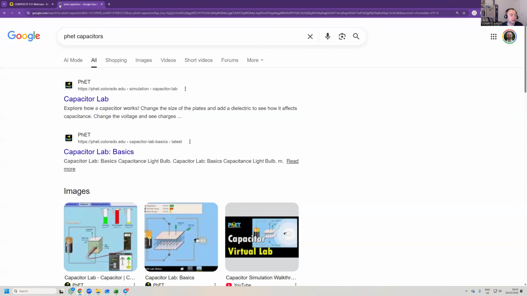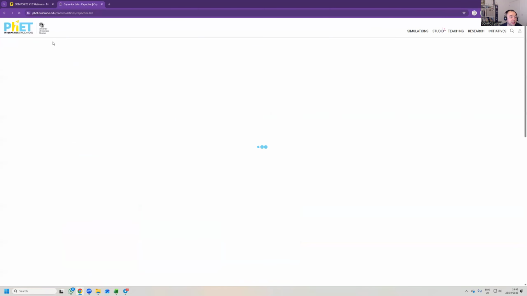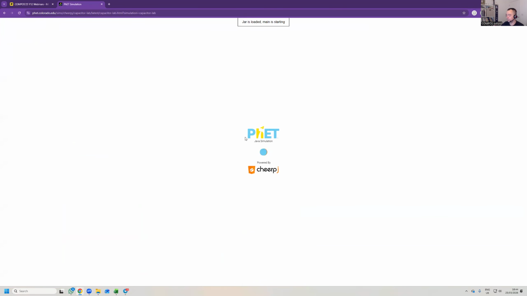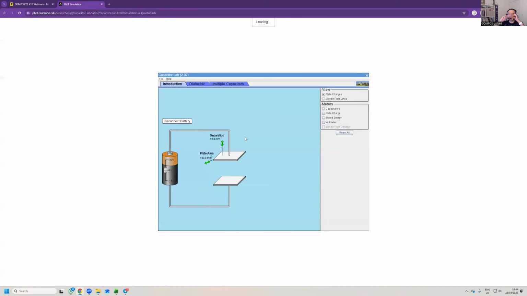Capacitors labs. And you can see this is the capacitance of a capacitor.